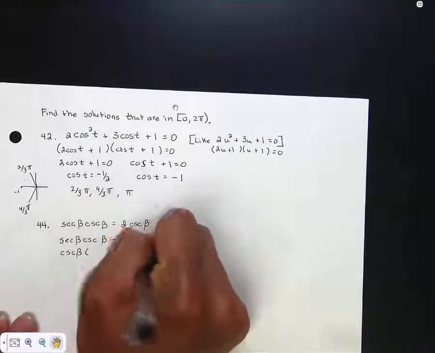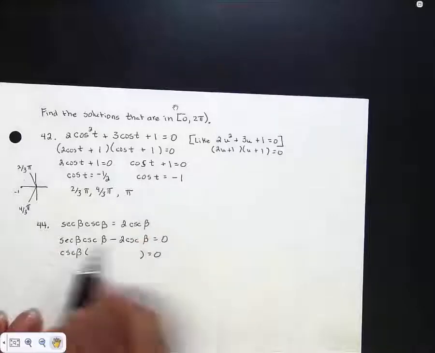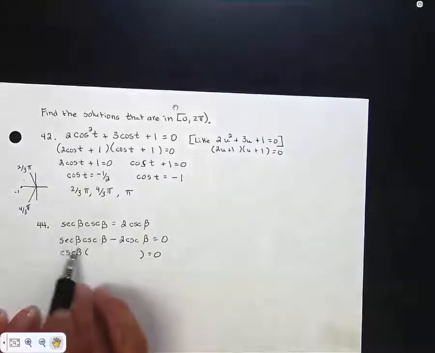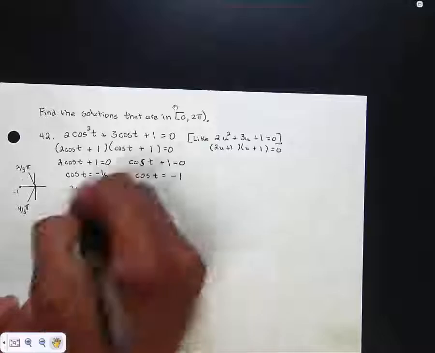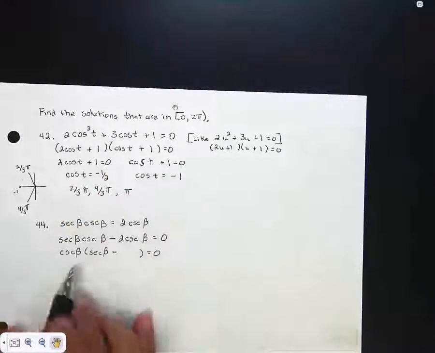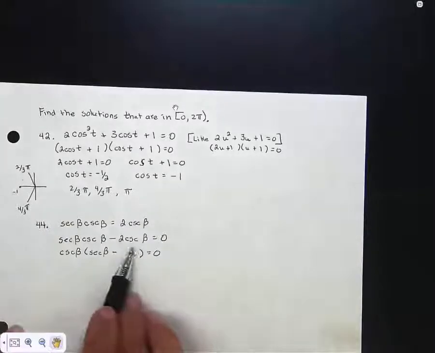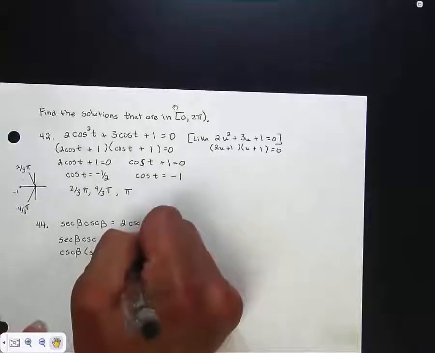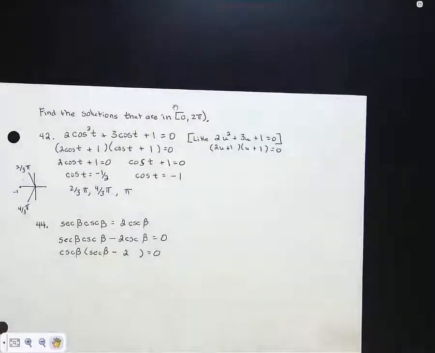If I factored out a cosecant beta, what would be left of this first term? Just secant beta. If I factored out a cosecant beta from this second term, what's left? Just the -2.